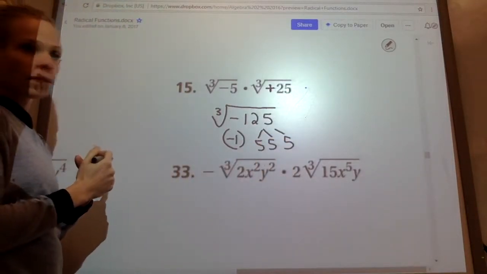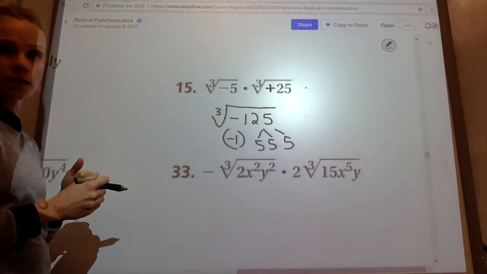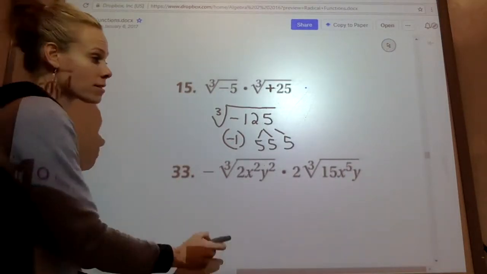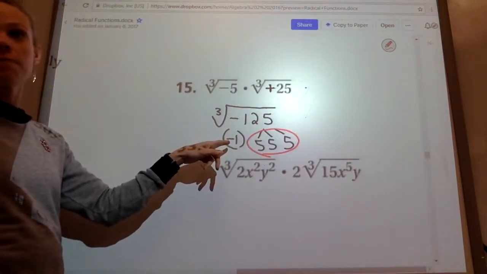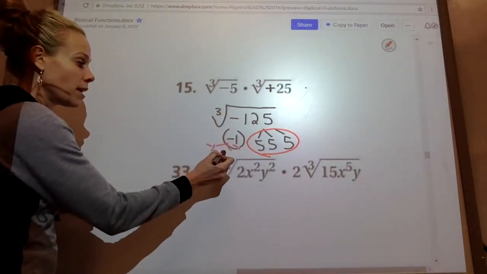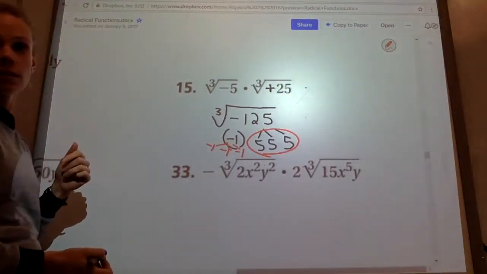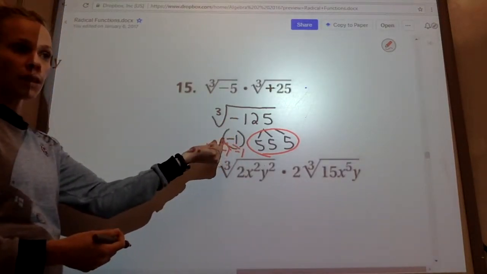Now, if I'm cube rooting, what do I have groups of 3 of? 5, and what else? What's the cube root of a negative 1? You can break down negative 1 into negative, negative, negative. That's why we separate it out, so you don't forget about the negative.